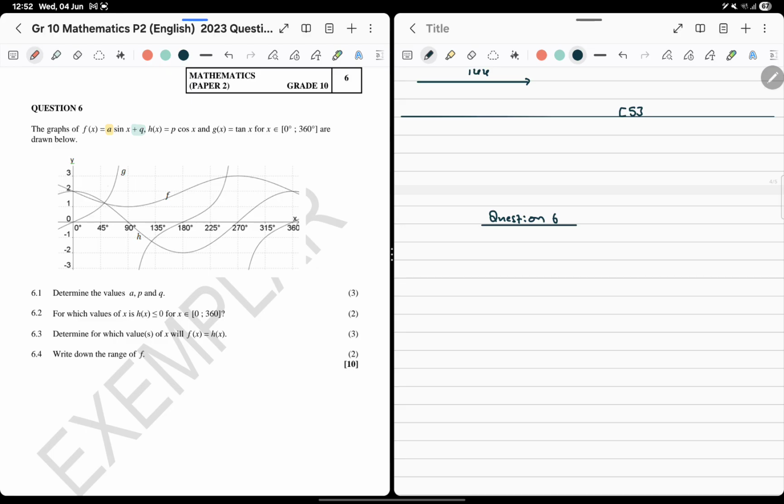Now when we've got a graph, we can determine what's going on. Remember the normal sine graph, y equals sine x. We know that the amplitude is the coefficient here, which is an invisible one. So it already tells us that our maximum is going to be at 1, and the minimum is going to be the negative version of this, which is minus 1.